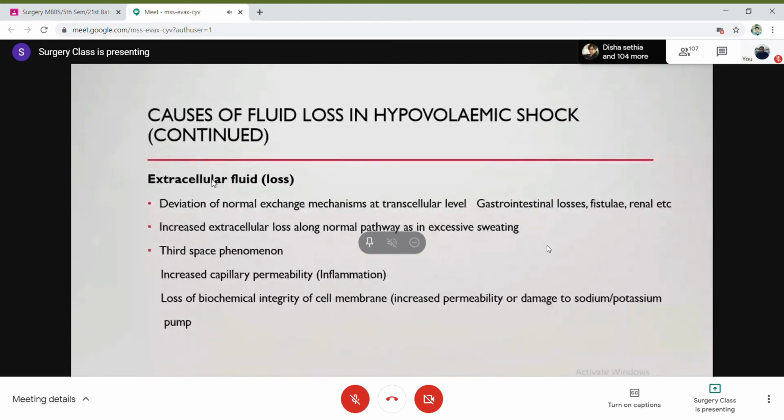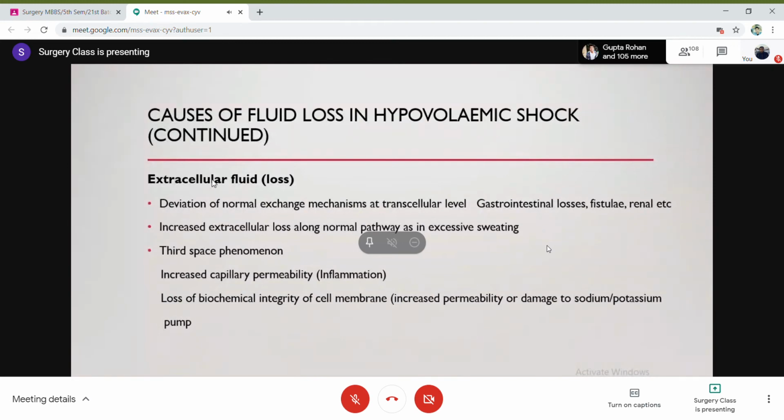So most of the athletes, when they go for professional games like football or cricket or even boxing, any professional game which requires a lot of physical activity, the athlete can lose a lot of fluid in the form of sweating.